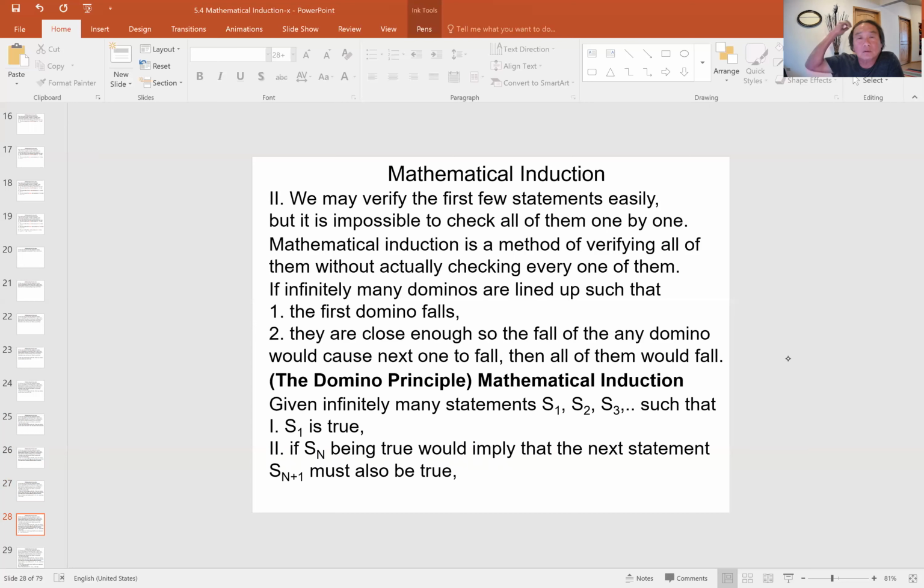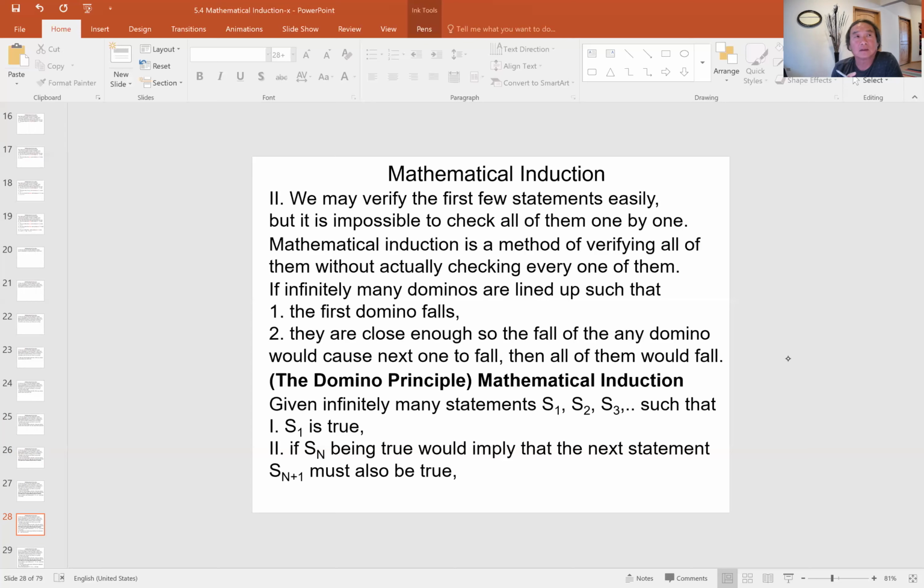And then the next thing we're going to do is prove that it doesn't matter where you are in the line of dominoes. You're going to prove that any statement that's true will cause the next statement to be true.